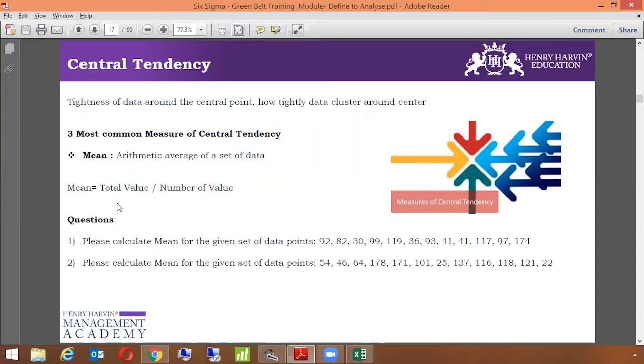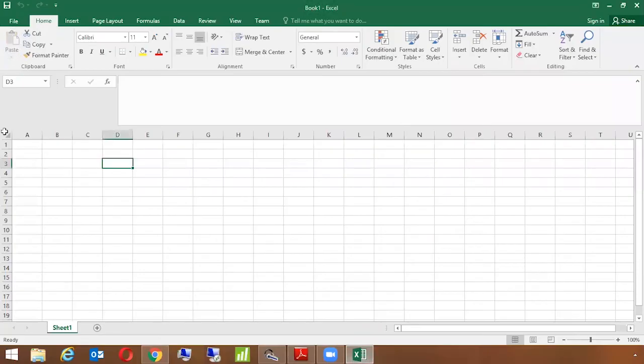You can see there are certain values here. Please calculate the mean for the given set of data points. So I have this data with me. I'll just copy it and go to Excel. I have the values here, so I can just sort it in a way that I would be able to understand it.